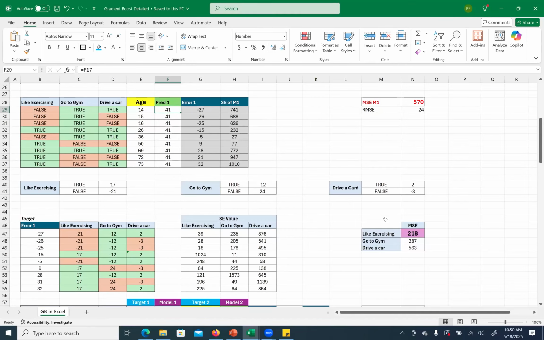Do you have similar Excels for other ML algorithms like decision tree, AdaBoost? If you remember, in decision tree we had an Excel where we manually calculated what is going to be my first split, second split, cricket versus not cricket, and then we did it in Python as well.